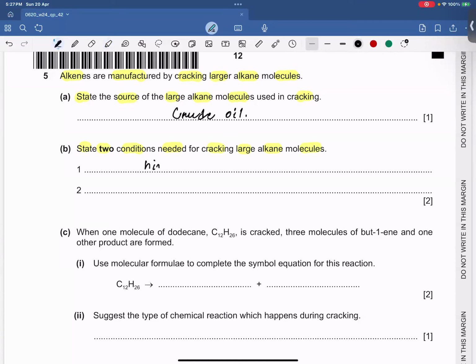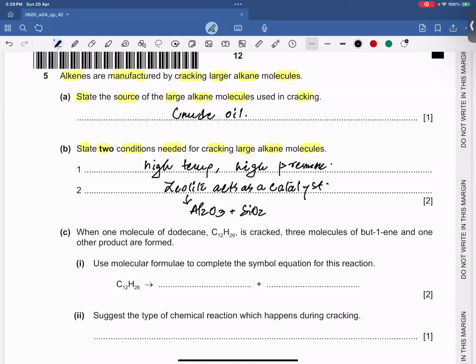High temperature, high pressure, and zeolite is the catalyst. Zeolite is a mixture of aluminum oxide and silicon dioxide.